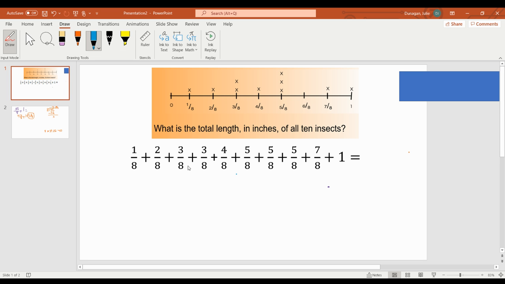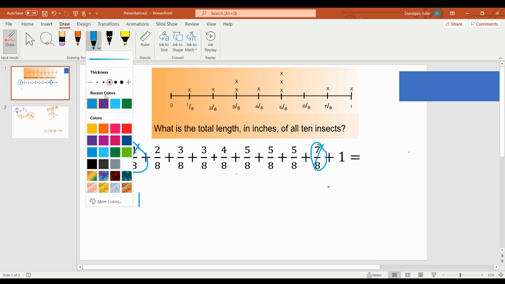So I would go over to my fractions and decide which 2 fractions or 3 fractions I could put together to get 8. Okay, so if I have 1/8 plus 7/8, I made 1, because 1 plus 7 is 8, and that would be 8/8. So I have 1. So I can circle them or cross them out.